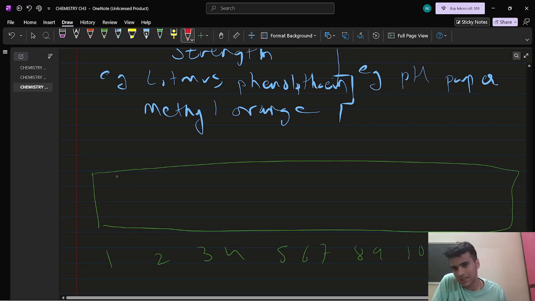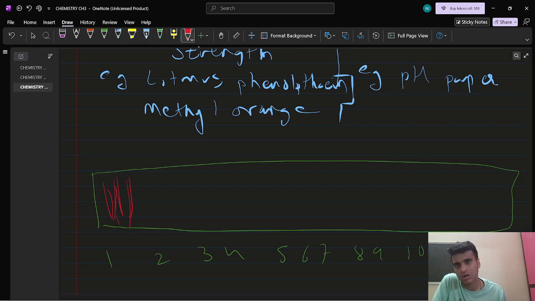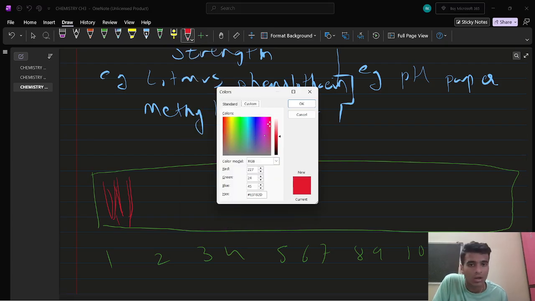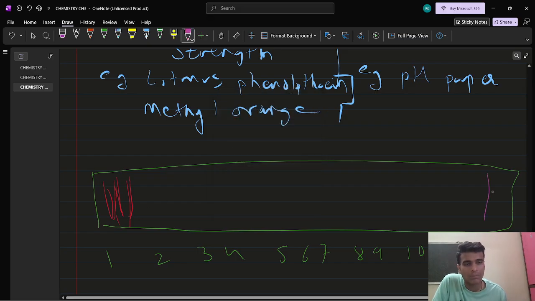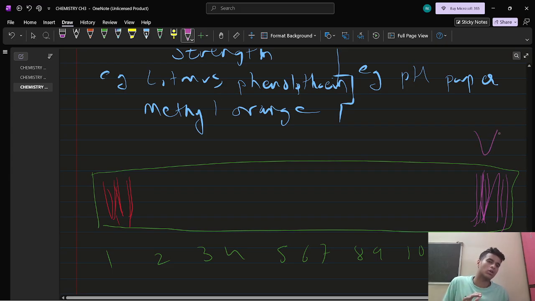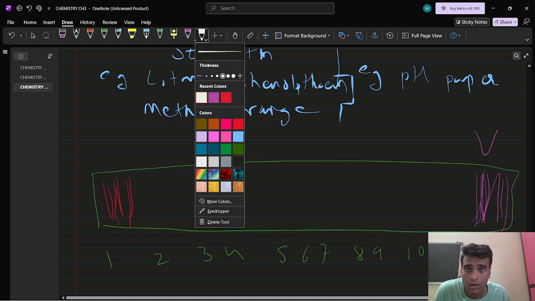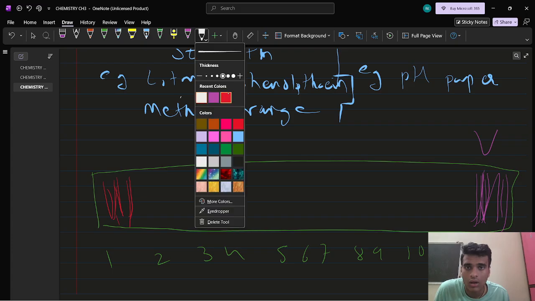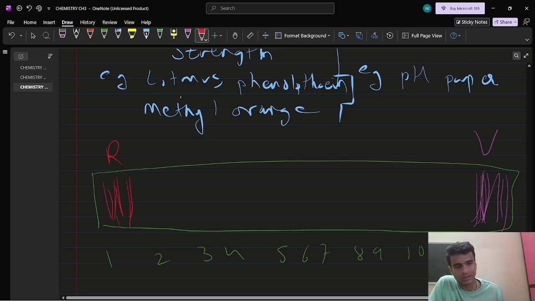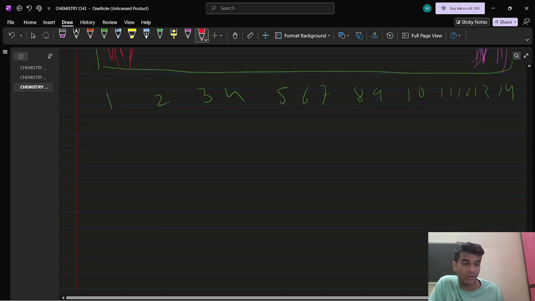So सबसे ज्यादा acidic will get red color, and सबसे ज्यादा alkaline will get violet color, and बीच में it goes red, orange, yellow, green, blue, indigo, violet. हाँ, ये याद रखना सिर्फ कि sometimes they may ask observation on a pH paper when HCl is added.